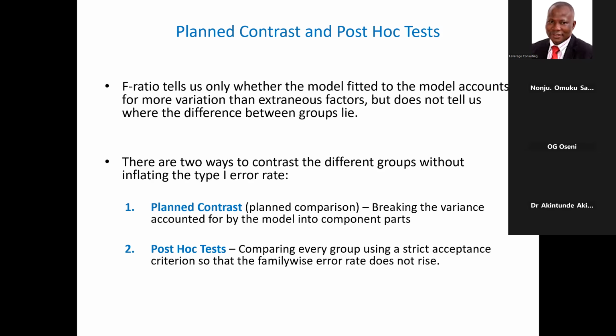Remember, the reason for not pairing them and testing them using t-tests is family-wise error. You are likely to increase the type 1 error rate, rejecting a null hypothesis where it is true. That is your p-value.